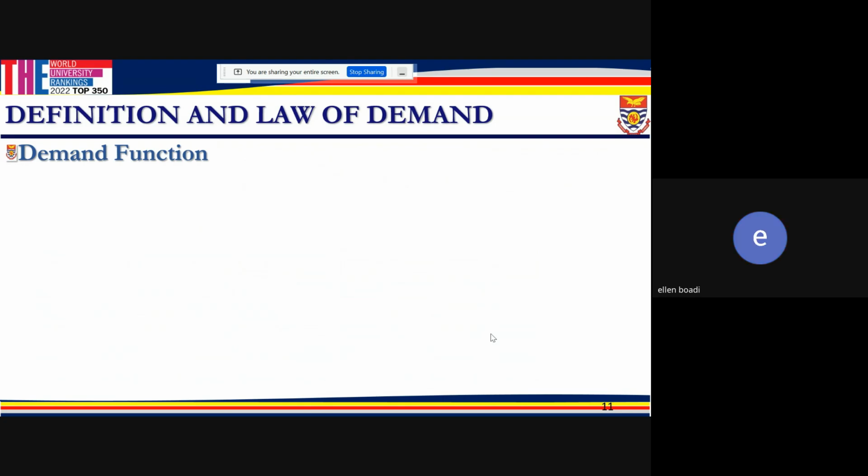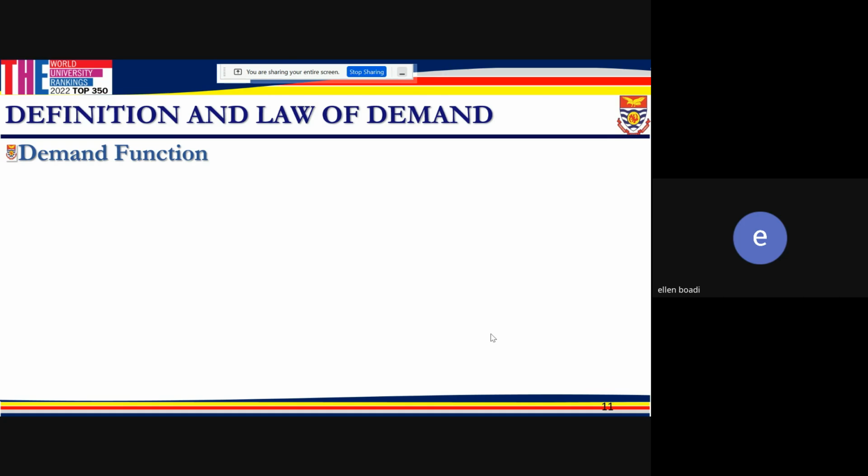So we said that the relationship between price and quantity can be put in several ways. The first one, when we put it in the form of a table, is the demand schedule, or we can put it in the form of a graph, that is the demand curve. Sometimes we state it mathematically as well.